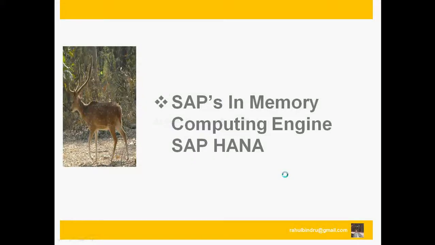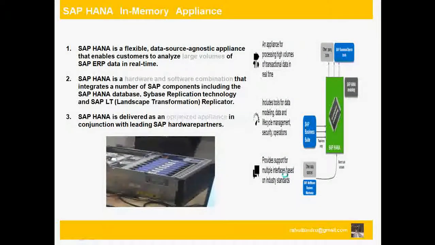Now, if we talk of this in-memory computing engine, we talk of SAP HANA. So what is that HANA going to do for us? This HANA, I wouldn't call it an appliance because it's a combination of hardware and software, and it integrates a couple of SAP components, the database, landscape transformation replicators.